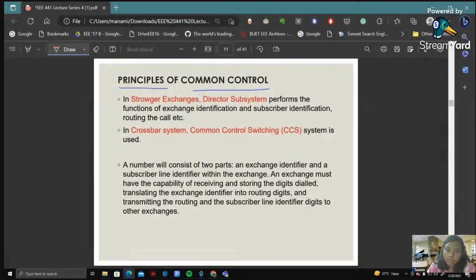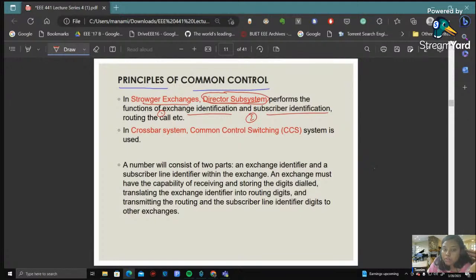So, principles of common control: in Strowger exchanges, the director subsystem performs the functions of exchange identification and subscriber identification. So the director subsystem performs two things: one is exchange identification and two is subscriber identification.